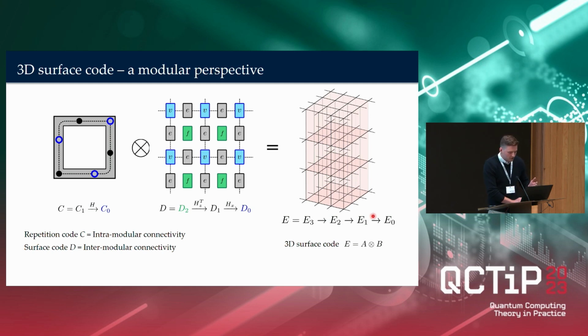Here I haven't dedicated any of the edges or vertices to some specific elements of the code, because there's some freedom given to you, so you can have data qubits either on faces in this vector space or on edges in this vector space. But that's up to the experimentalists themselves to decide.